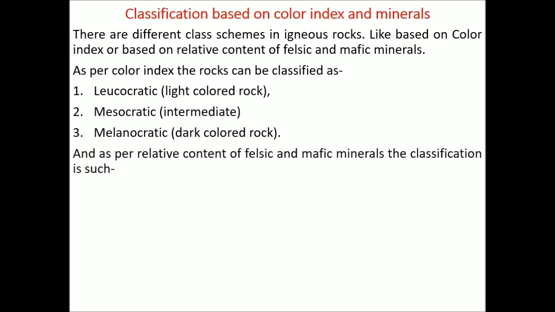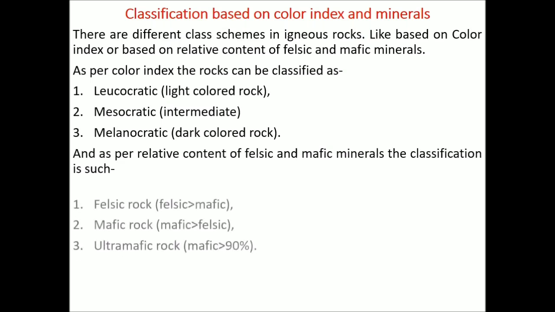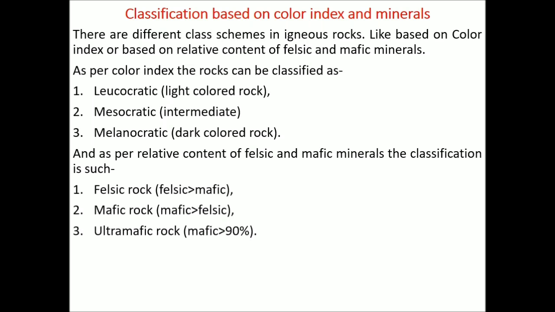And as per the relative content of felsic and mafic minerals, the classification scheme is such: felsic rock, where felsic minerals dominate over mafic minerals, and mafic rock, where mafic minerals dominate over felsic minerals, and ultramafic rocks, where mafic minerals consist of greater than 90% of the rock.